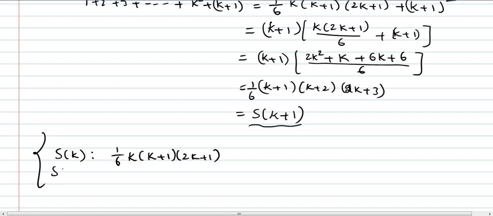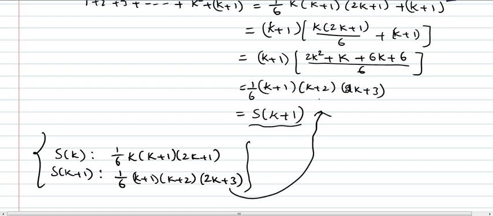Okay. What is S of k plus 1? If you replace k by k plus 1, what do we get? 1 by 6 into k plus 1 into k plus 2 into 2 into k plus 1, which is 2k plus 2, so we get 2k plus 3. This is S of k plus 1. This is what we got here. That's why we are labeling it as S of k plus 1.